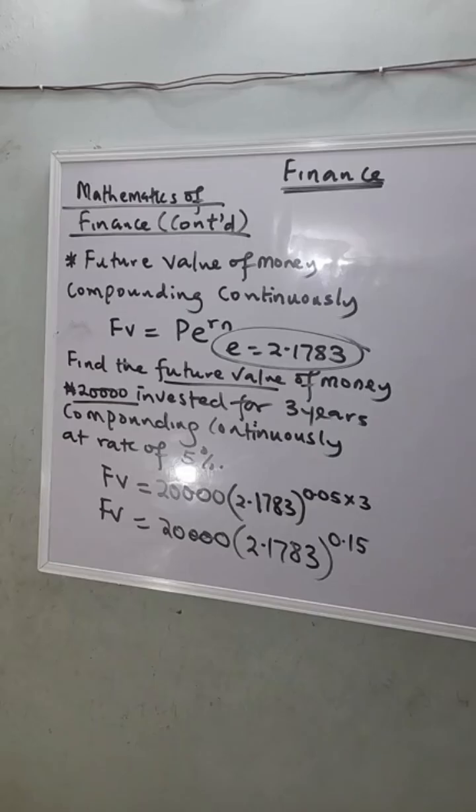Let me run my own calculator by saying 2.1783 raised to the power of 0.15. Multiply the result by 20,000 naira.